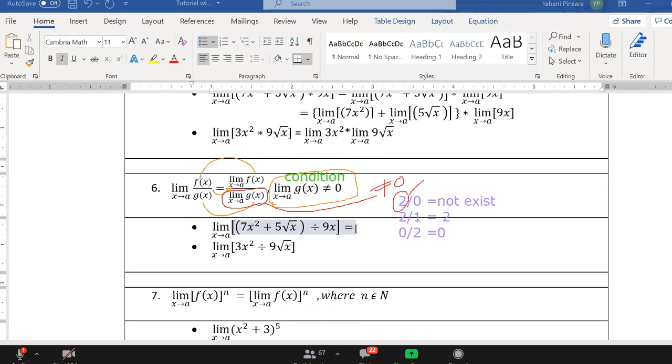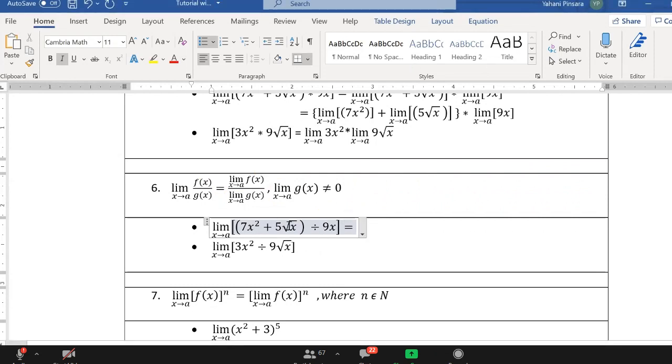I'll move on to this question. When you are finding the answer for this question, firstly you have to find what are the fx and gx.